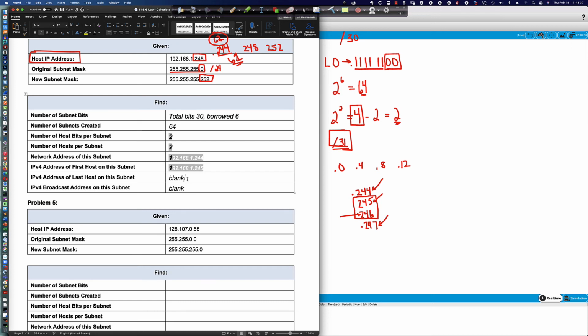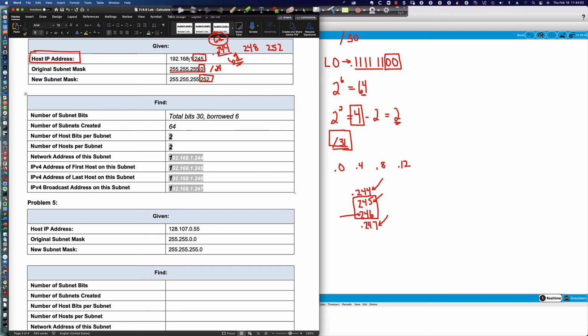We know that if there's only 2 usable and the first one is 245, and it has to be odd, that the last would have to be even, 192.168.1.246, meaning the broadcast address, which always has to be odd here, 192.168.1.247. All right, so those are our answers.